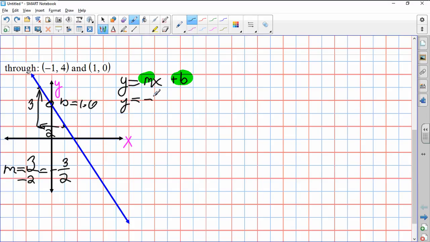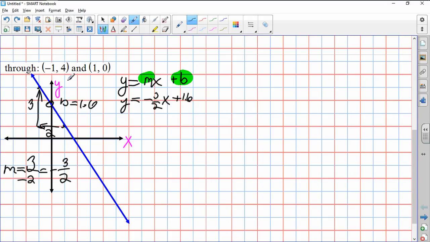So this will be -3 divided by 2 x and then the b value is 1.6, plus 1.6.